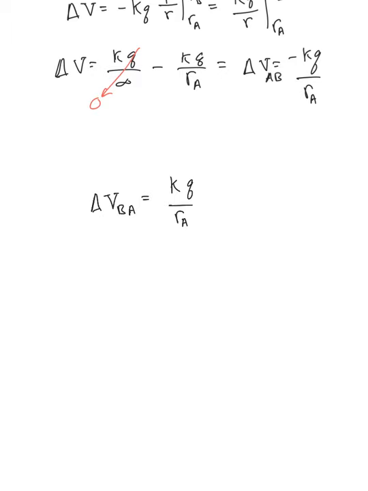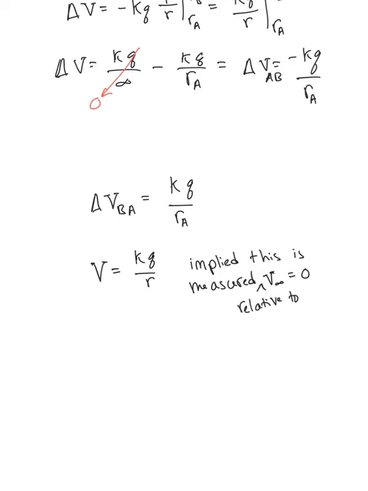And more generically, we just say that the potential, so we don't use delta V here for point charges, we actually just write the absolute potential of a point charge as being kq over r, where it is implied that this is measured relative to the potential at infinitely far away, which is equal to 0.